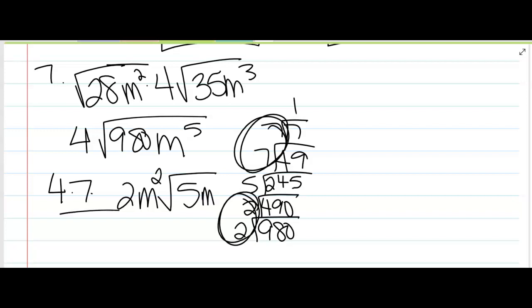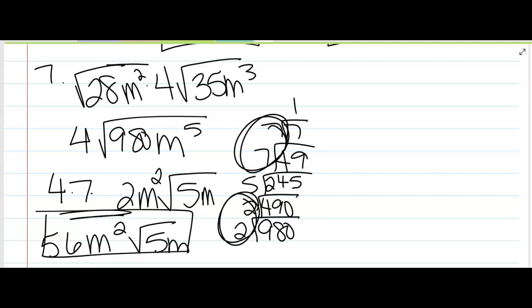So your final answer, multiplying those numbers together, should give you 56 m squared square root of 5m. All right, and last one.